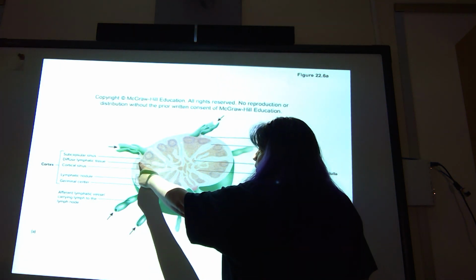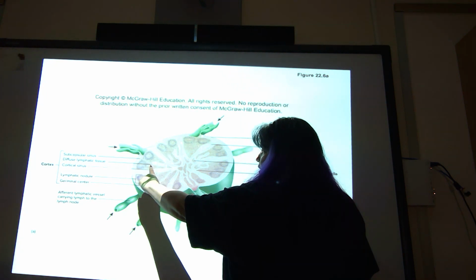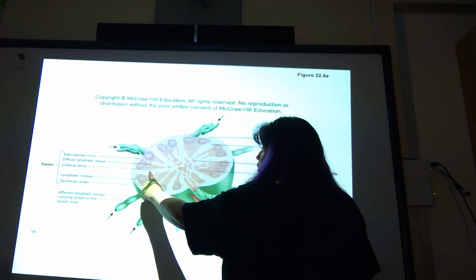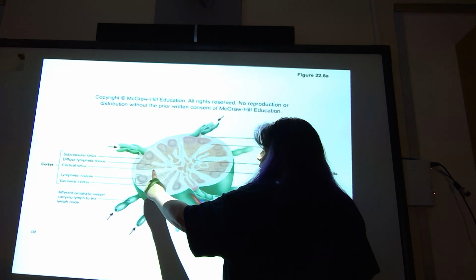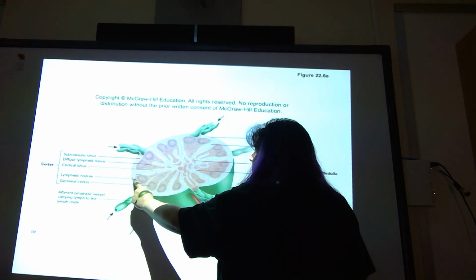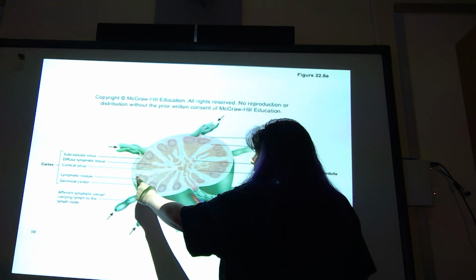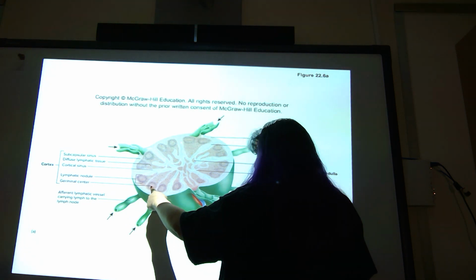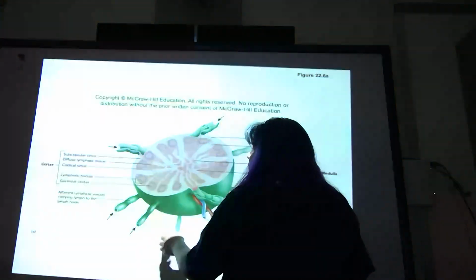Right underneath that, you've got the diffuse lymphatic tissue, which is out here. The cortical sinus, again, that's going to be the sinus in the cortex, as opposed to under the capsule. The nodule, the lymphatic nodule, the germinal center, same as it was before.